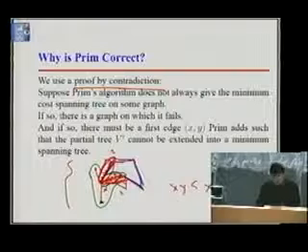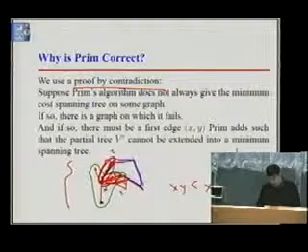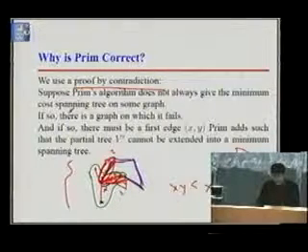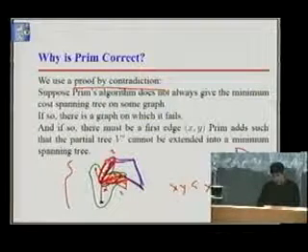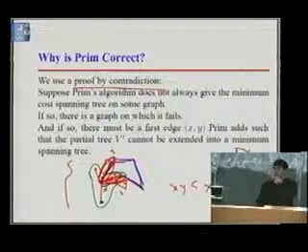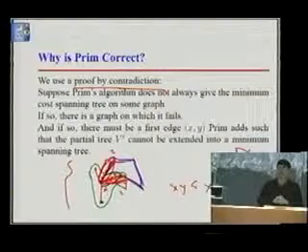Let's think about it. If I have a spanning tree and a cycle, note that I can blow away any single edge on that cycle, and I'm going to be left with a spanning tree. Does everybody agree with that? If I have a cycle and I delete any single edge, this thing is still in one piece, right?